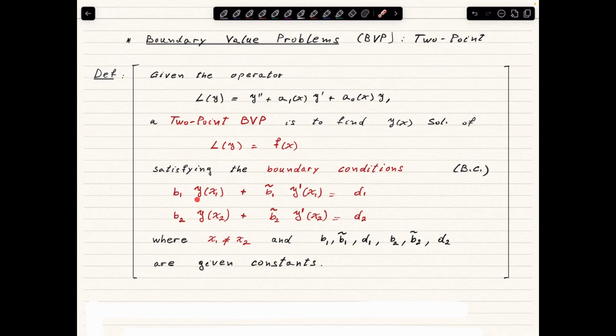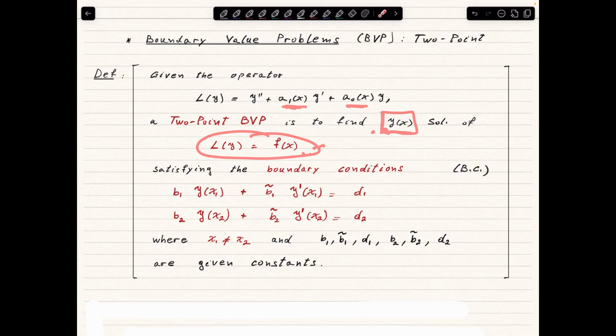And here we have the value of the solution we are looking for at 2 different points, x1 is different from x2, and here are the values of the derivatives at x1 and x2. So a 2-point boundary value problem is to find a solution of a differential equation. For constant coefficients we already know how to find the general solution of the differential equation, from previous videos.